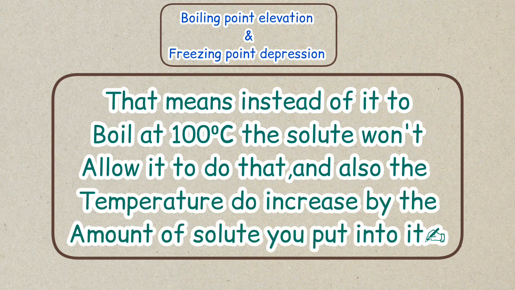Now that means that instead of it boiling at 100 degrees Celsius, the solute that is there will not allow it to do that. So the temperature also increases with the amount of solute that you put into it. That is, the more moles of solute you keep adding, the more temperature it will need to reach 1 atmosphere.